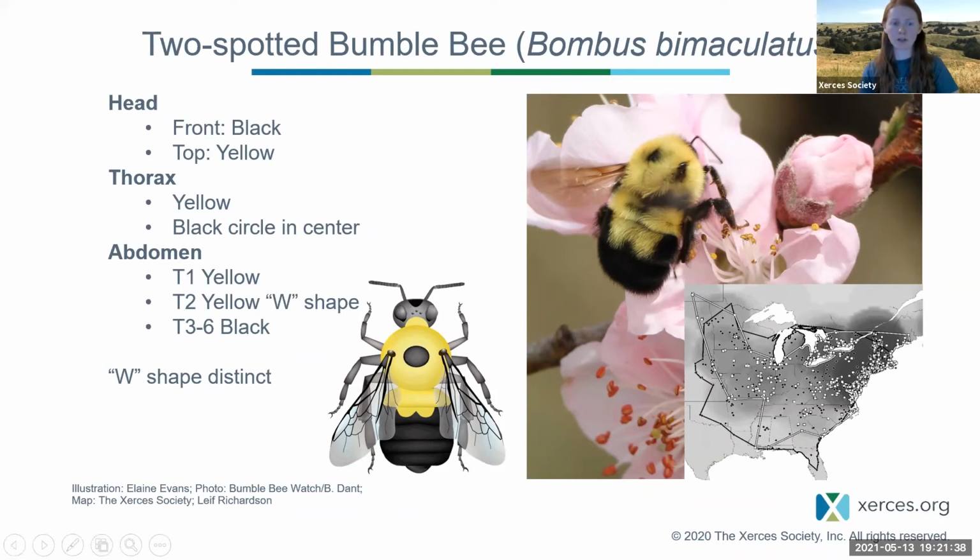And sometimes it can be very pronounced, like we're seeing here. This is a very nice pattern, but sometimes it can be a little bit smaller than that. So if you see that distinct W shape, you've got the two-spotted bumblebee. This is one of the earlier emergers. There should be workers out flying around from this species right about now.